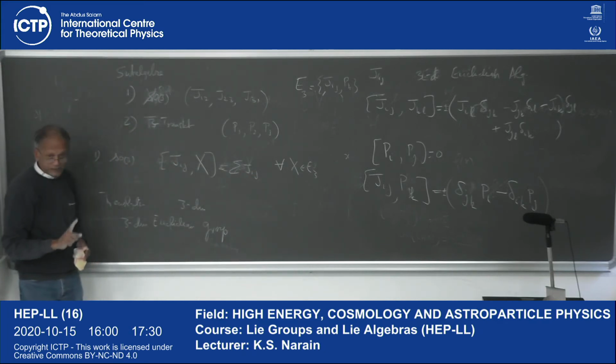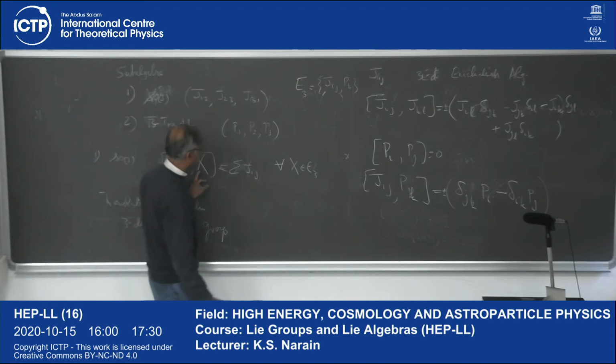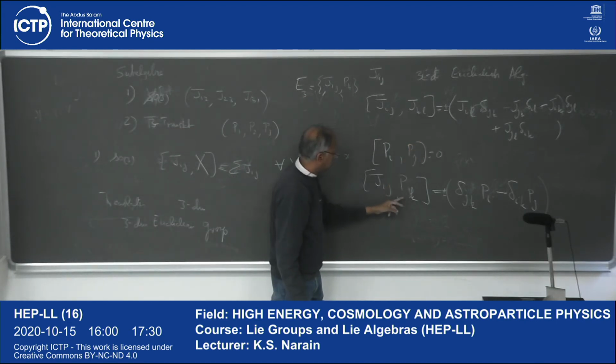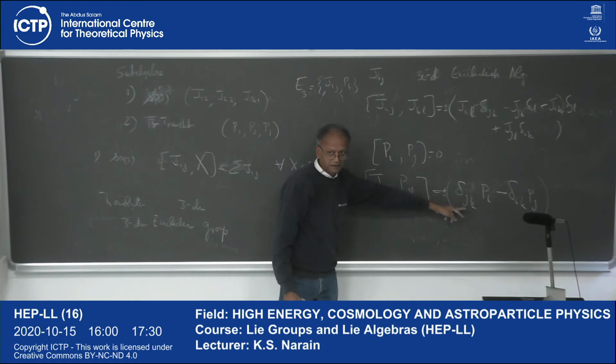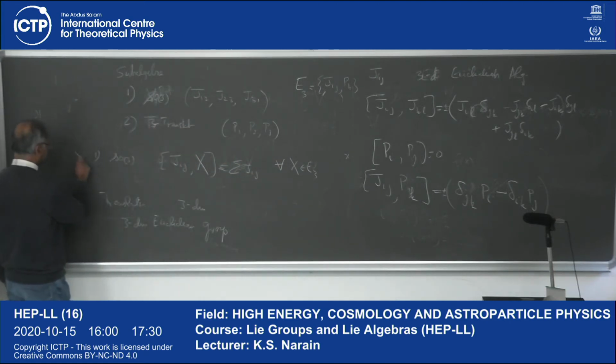But no, P should not appear there, because P is not in this subalgebra. But notice this is not true. While if x is one of the J's, it is true, if x is P, then this is not true because the right hand side involves P. So this is not an invariant subalgebra, it's not an ideal.